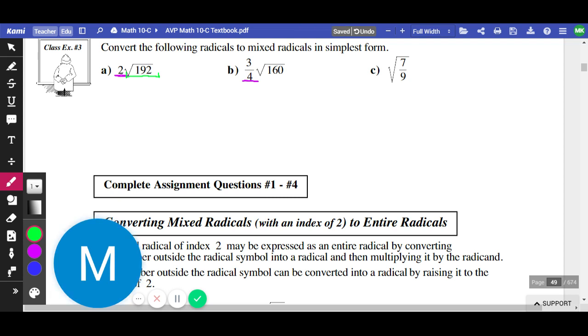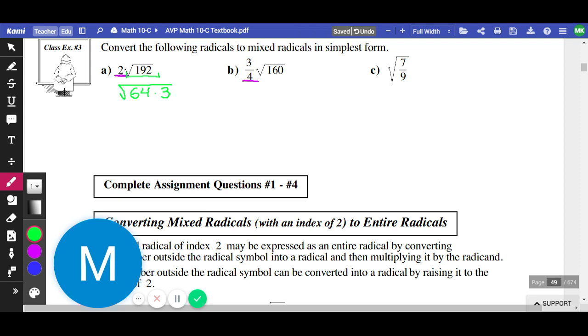If we look at 192 and we start dividing it by perfect square numbers, 192 divided by 49 doesn't work. 192 divided by 36 doesn't work. Maybe I should have started higher. Like 64 would be perfect. So if I go 192 divided by 64, I get 3. That means this thing becomes root 64 times 3.